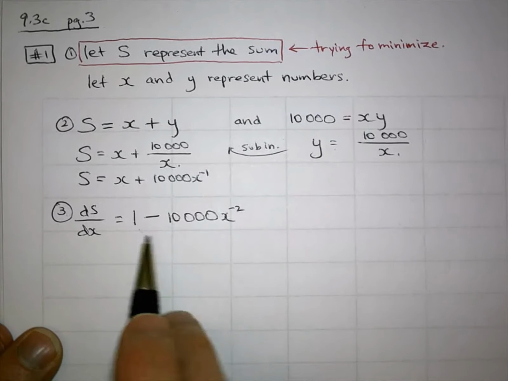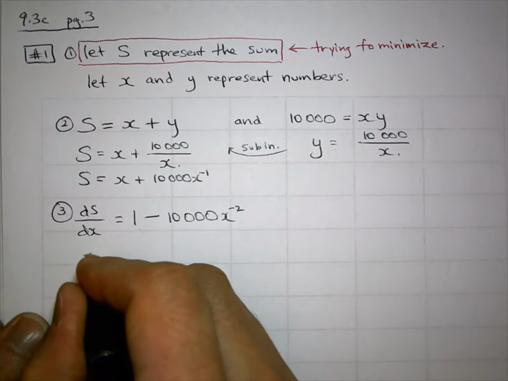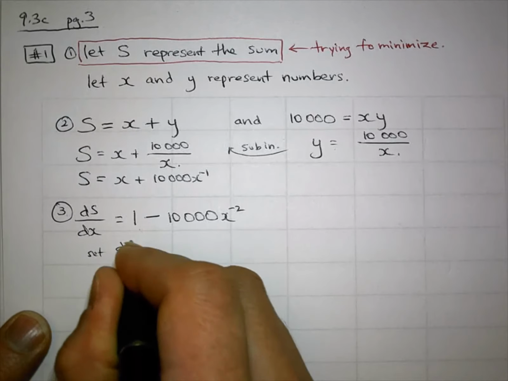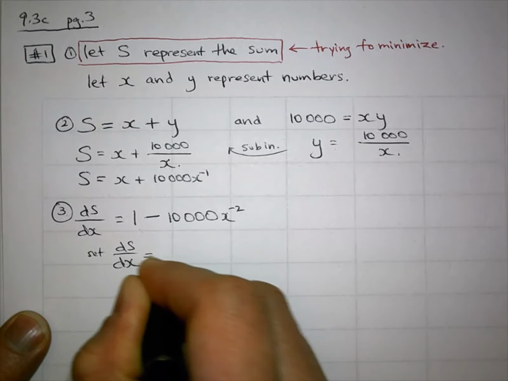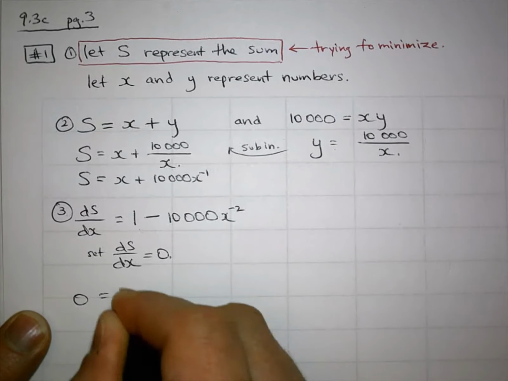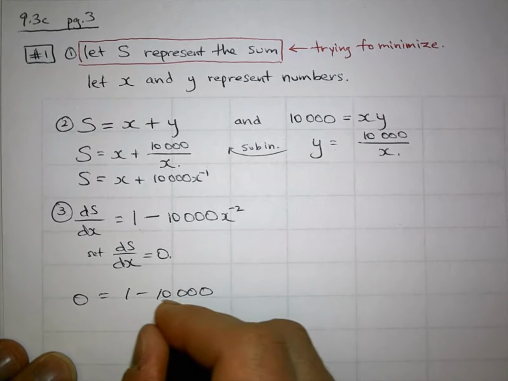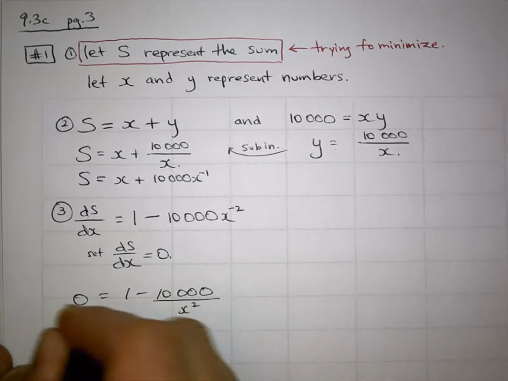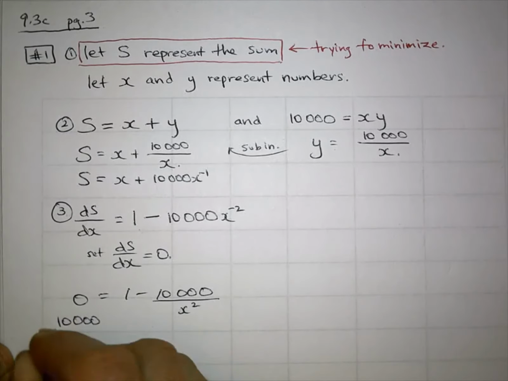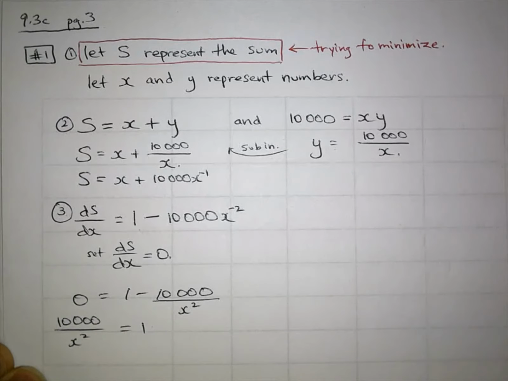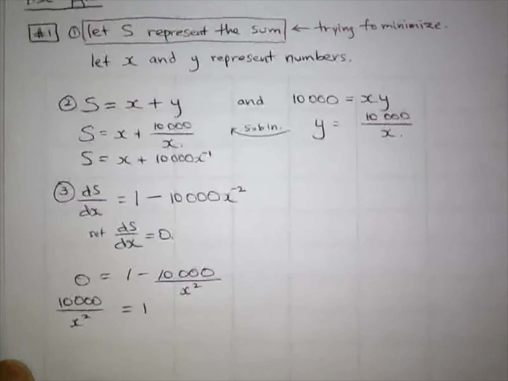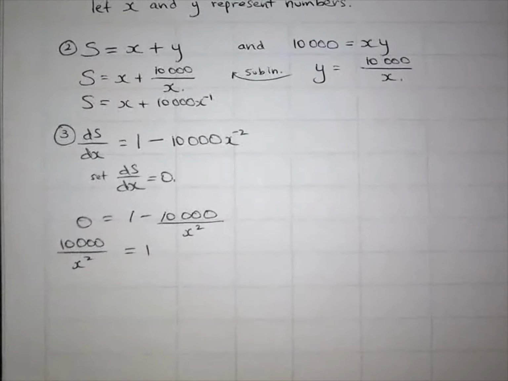Now we want to find out where the tangent line is 0. So I'm going to set ds dx equal to 0. So 0 is equal to 1 minus 10,000 over x squared, technically. I'm going to bring this to the other side. Then I'm trying to solve for x. The best thing I think I can do now is cross multiply.